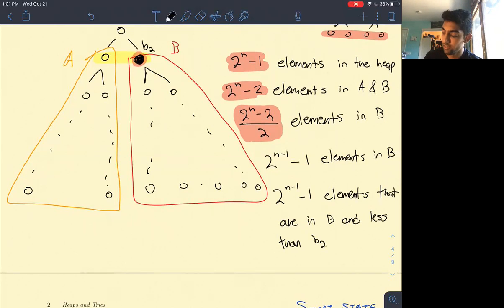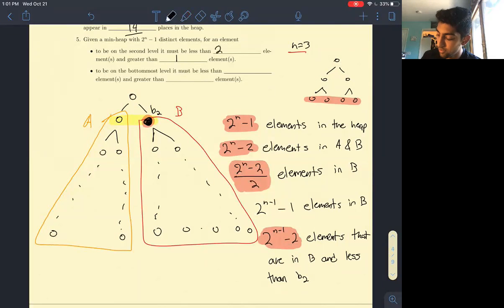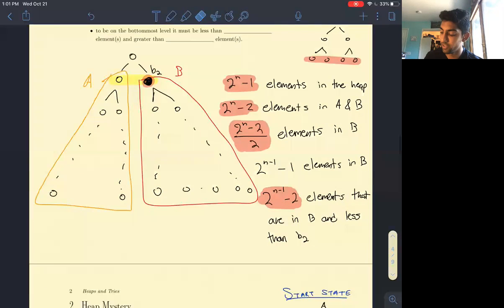Perfect. And we have to subtract 2. Perfect. Because we're losing that one element. Okay. So with this in mind, we can say the answer is 2 to the n minus 1 minus 2. Okay. Phew. Okay, let's move on to the next part.